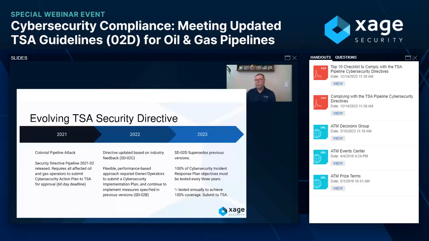This brings us again to talking about how TSA is requiring you to test annually. You're starting to see these things get brought in, but more than that, you're starting to see things like CISA and JCDC providing some services to help you get a baseline. I mean, right here, we're talking about a cybersecurity incident response plan. That is absolutely something I believe that CISA and JCDC can help with.